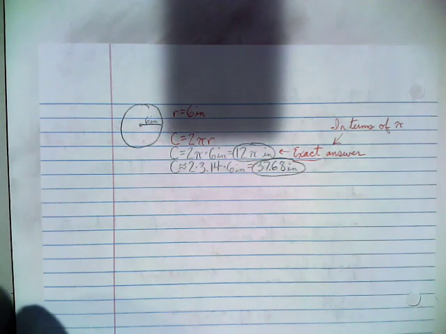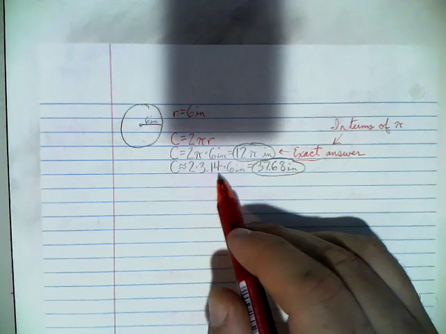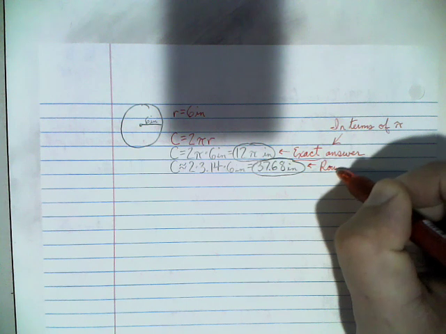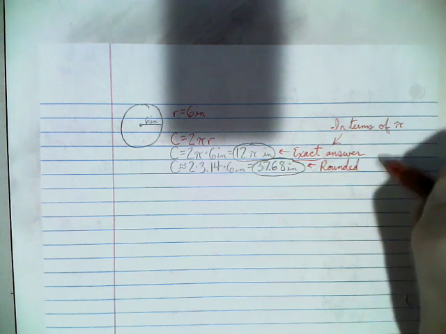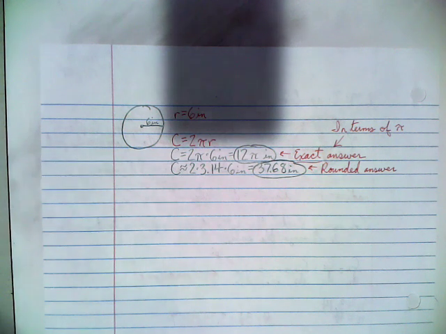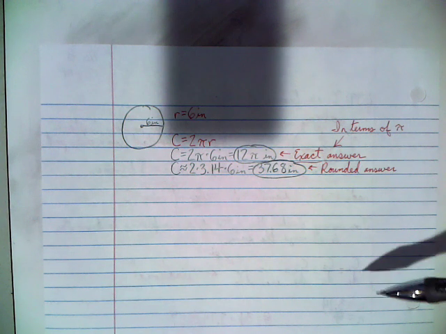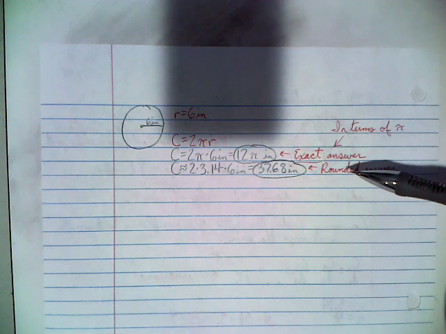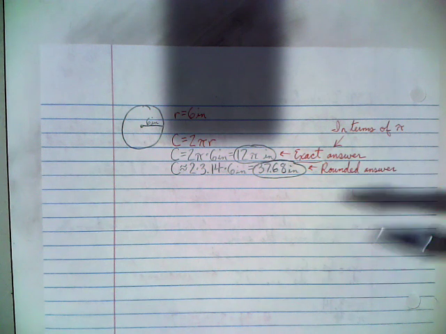So because we use that approximately 3.14, this is only a rounded answer. It's close, but it's not exactly correct. Okay. So unless the book tells you otherwise, give it in rounded answers. The rounded answer here is better because of that irrational pi.